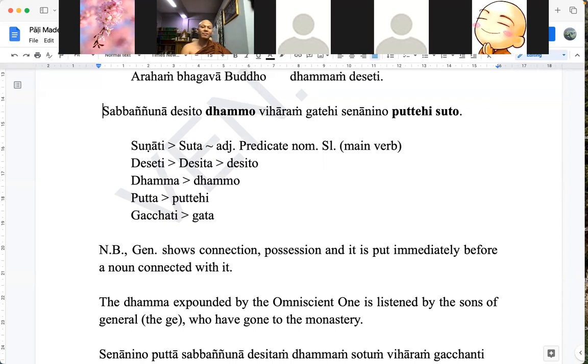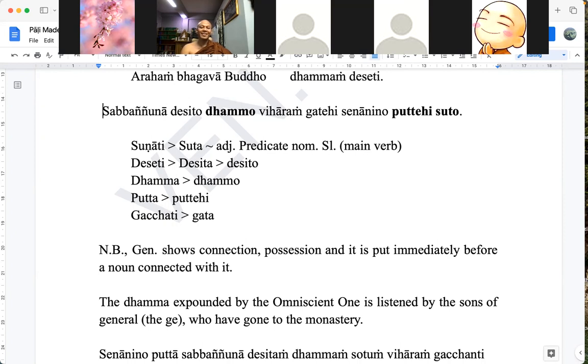And then putta, puttehi. I look at it as instrumental, but it's not "by son", I think it's "with son". So it means that the general with son has gone to the monastery and listened to the Dhamma expounded by the omniscient one.